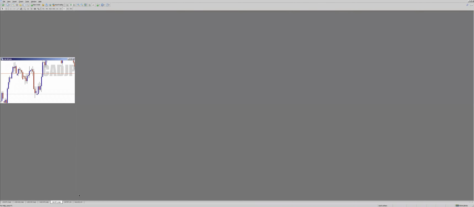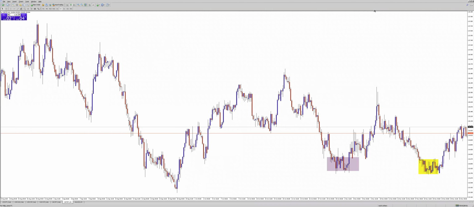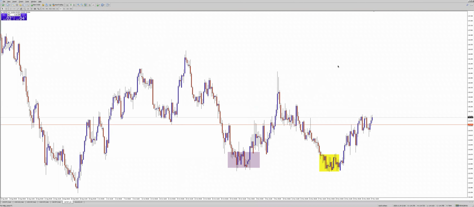Then the next will be CHF yen. CHF yen moves very clearly, keeping on having higher high, higher low, higher high. So the market is still in an upside exposure.